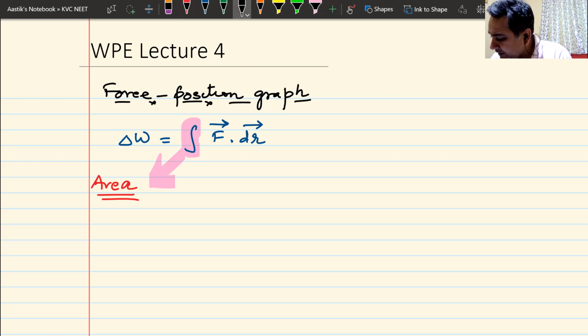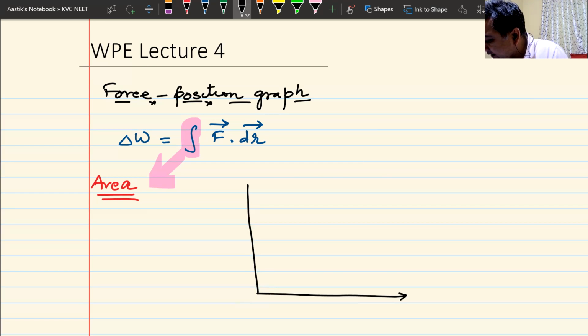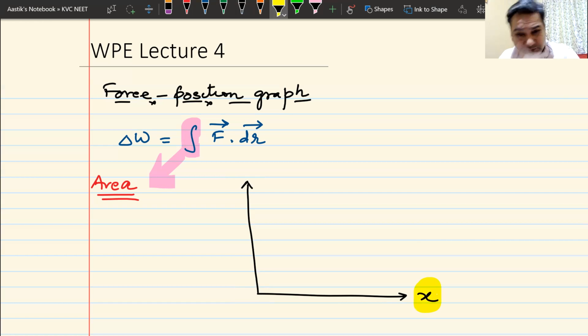Let me take an example here. This is my y-axis, this is my x-axis. Sometimes they are going to puzzle you, and they will probably plot force on the x-axis and displacement on the y-axis. Remember, displacement has to be on the x-axis and not the other way around. So displacement must be along the x-axis, and they will be plotting force along the y-axis.